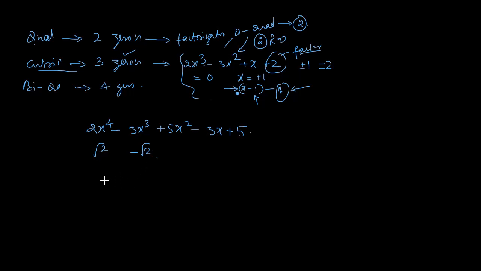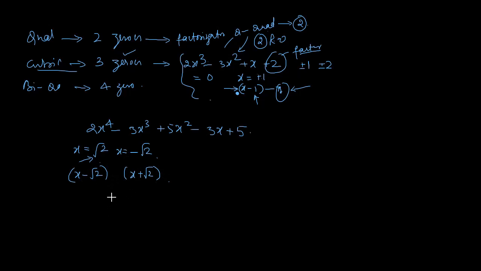It's a common question, but you can replace these numbers with anything: 1, 2, 5, 7, anything. It can be anything. But the only thing is, understand the concept. So if these are 2 zeros, that means x equals root 2, x equals minus root 2. If I find the factors, it will be x minus root 2, and this will be x plus root 2.